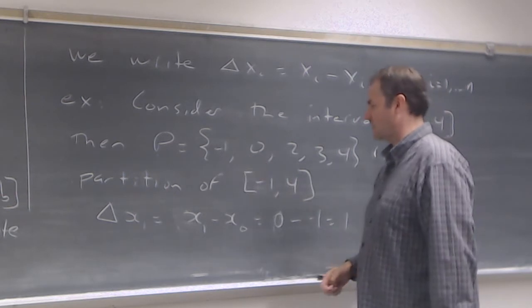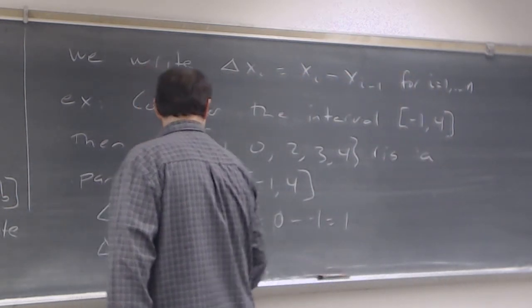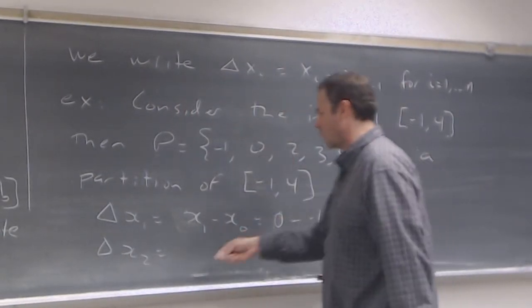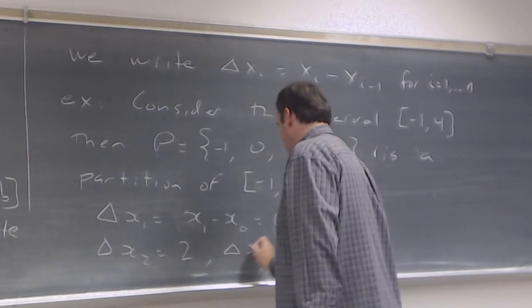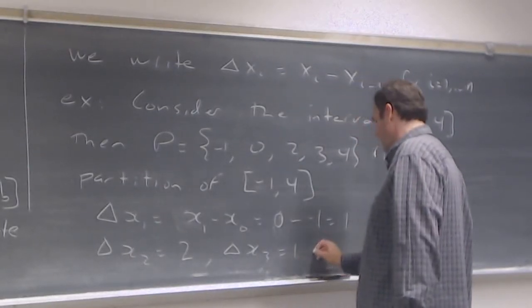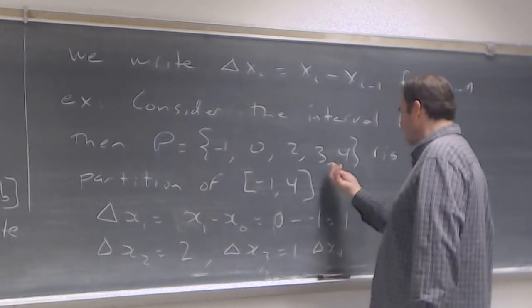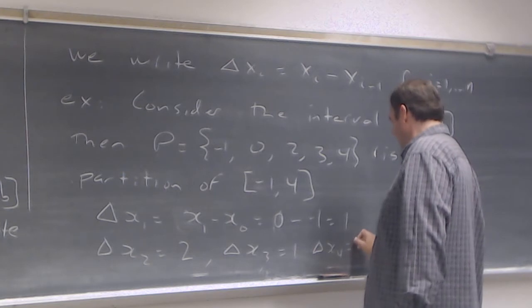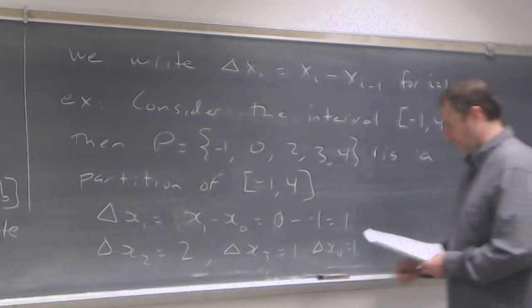That's the distance between here. The next, delta x_2, is going to be the distance here, so I'm going to say that's 2. Delta x_3 is going to be this distance, which is 1, and then delta x_4 is going to be the distance between 3 and 4, and that's equal to 1 as well. Okay? So that's what we have.